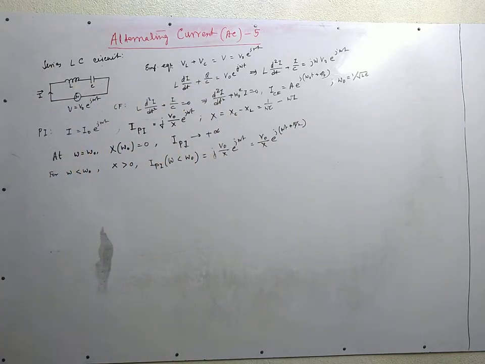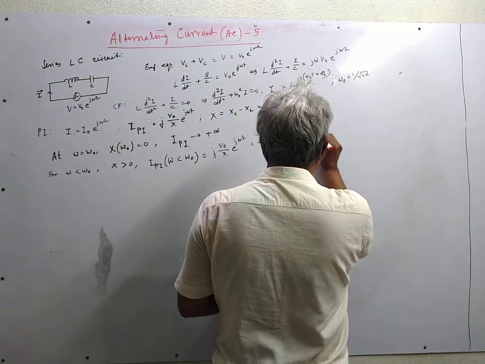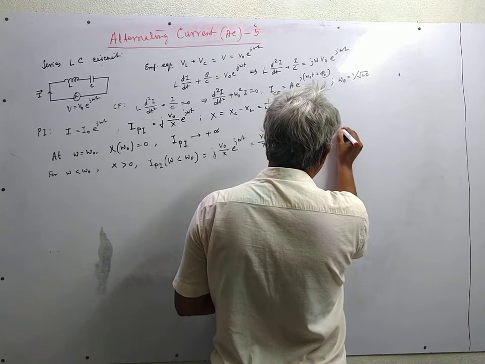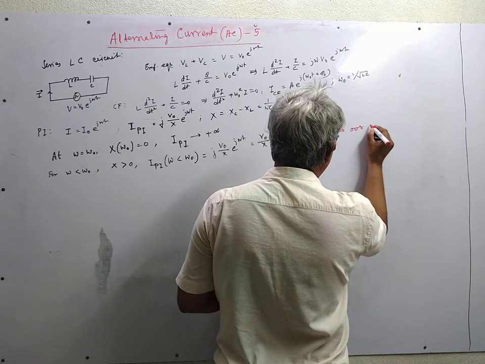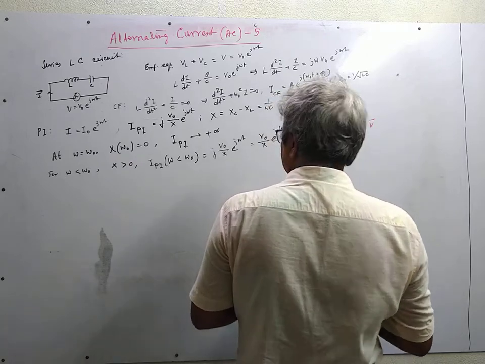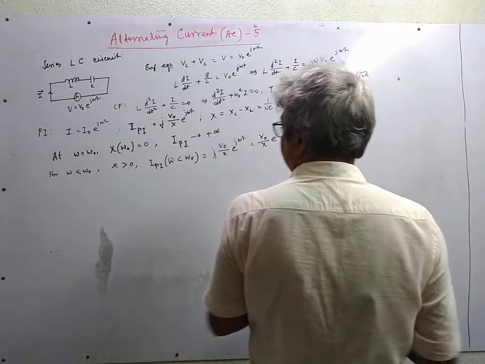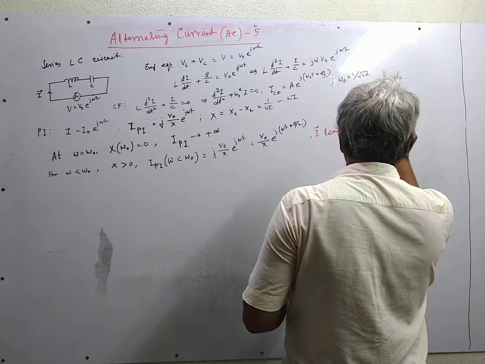So we see that the current leads over the voltage, and so the conclusion is I leads over V. So the circuit as a whole, since the capacitive part dominates, is capacitive.